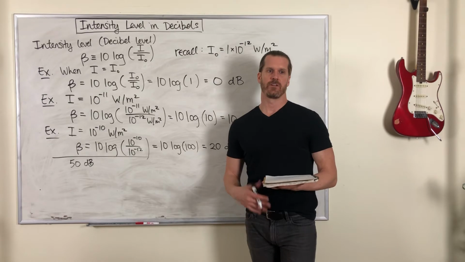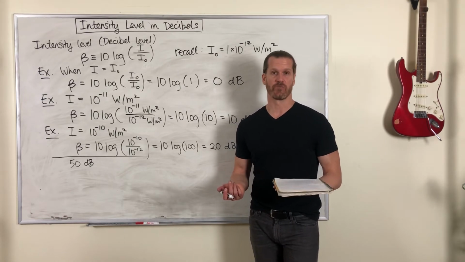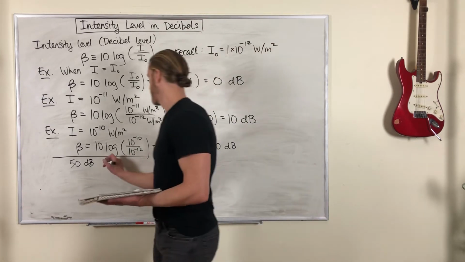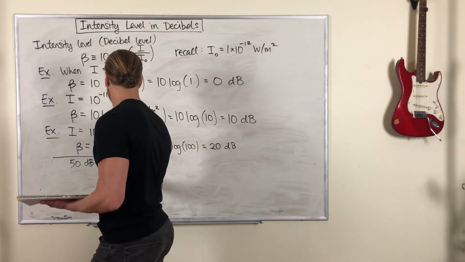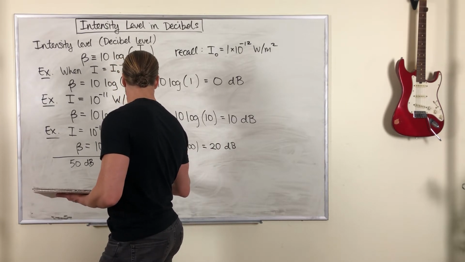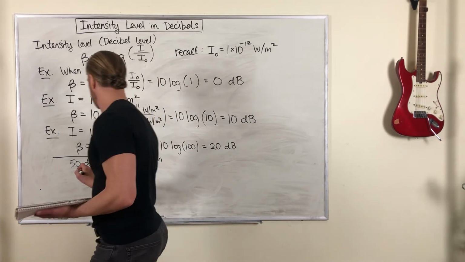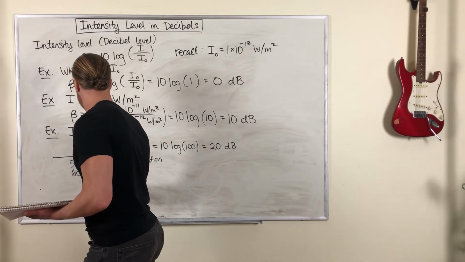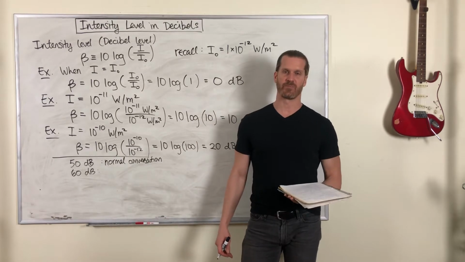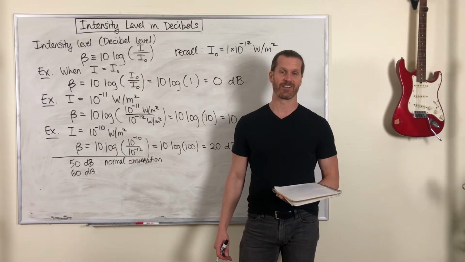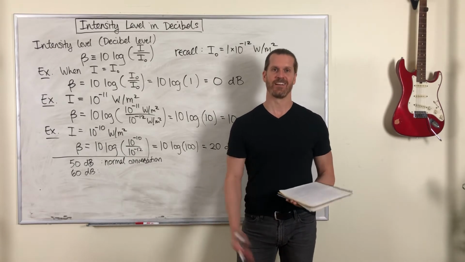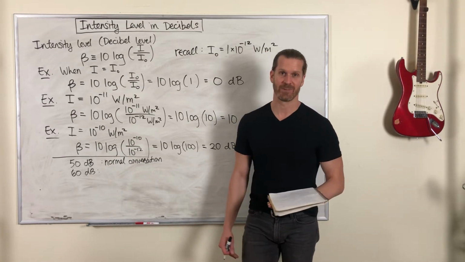That's the decibel level of a normal conversation, when people are talking at regular conversational volume. 60 decibels is probably how loud I'm talking right now. I'm talking louder than normal conversational volume because I have my professor voice happening right now.